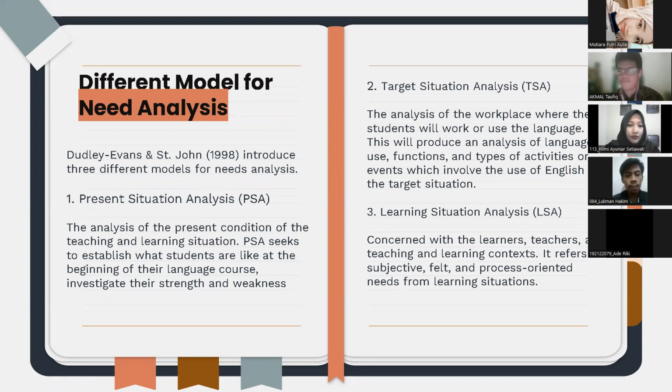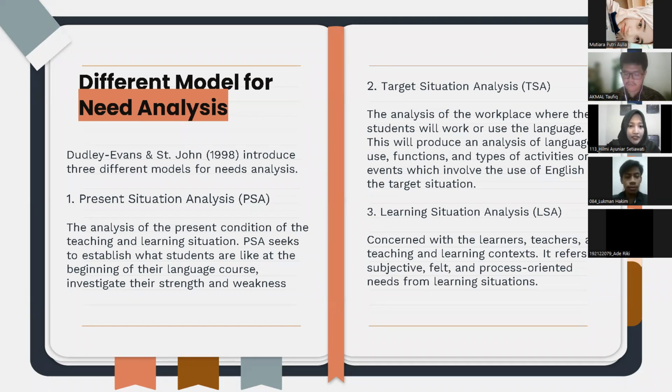And three basic sources of information are the students, the language teaching establishment, and the user institution. For example, the students' characteristics, staffing, materials, syllabus, and academic record containing data about student language learning. And the second, we have target situation analysis, or TSA.